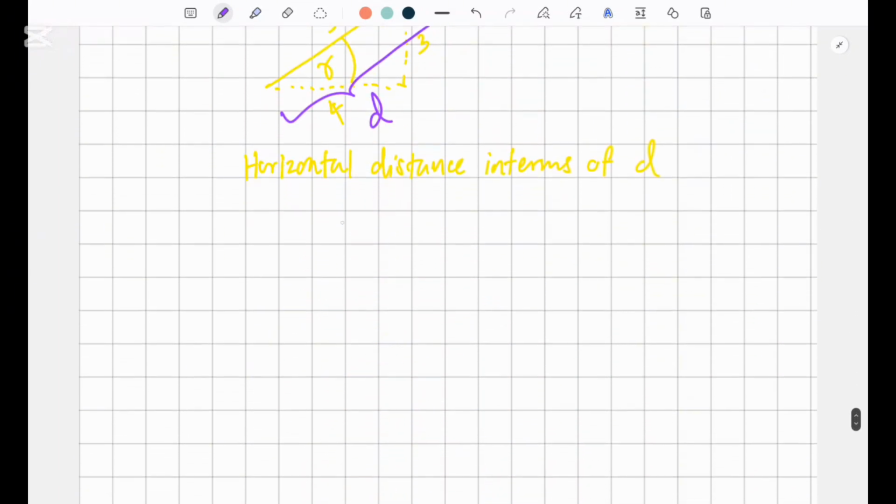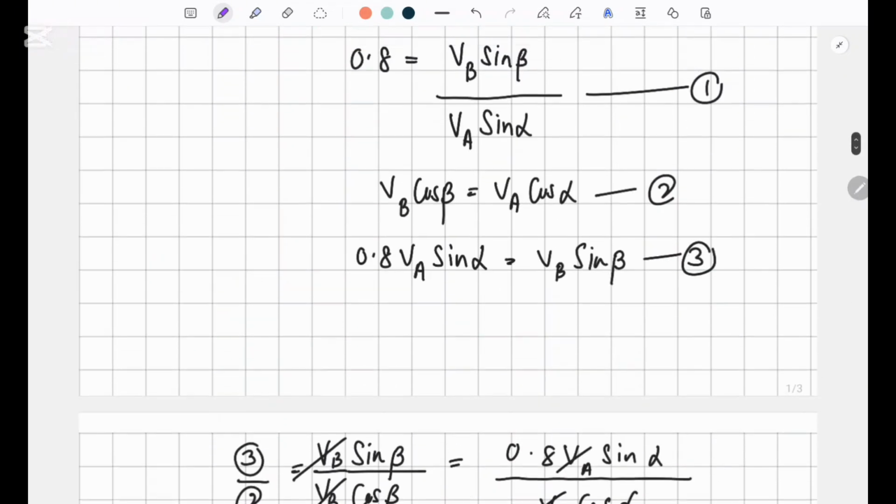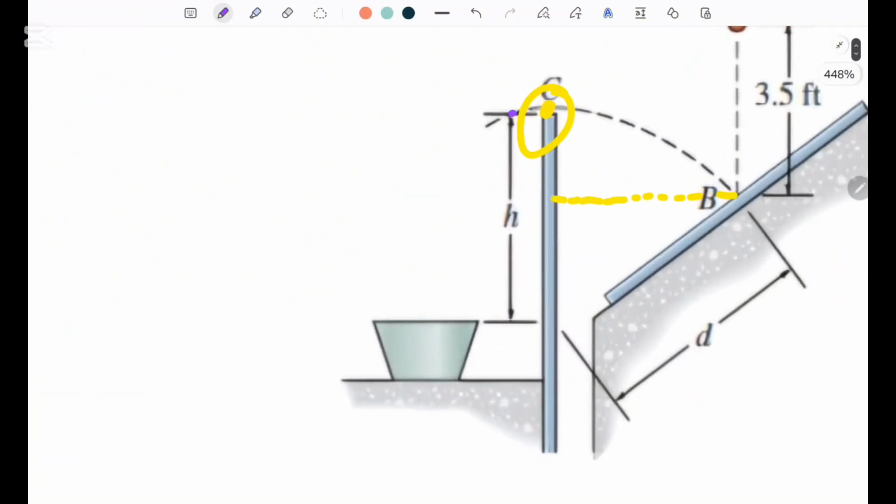So your horizontal distance would be D cos gamma, right? So it's D, and cos gamma is 4 over 5, adjacent side over hypotenuse. And your vertical distance, as I showed you in the diagram, this is your vertical distance, right?